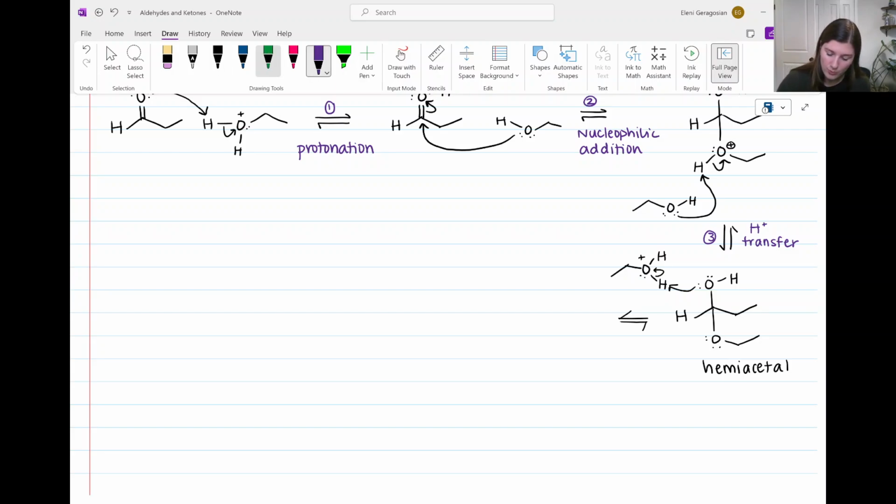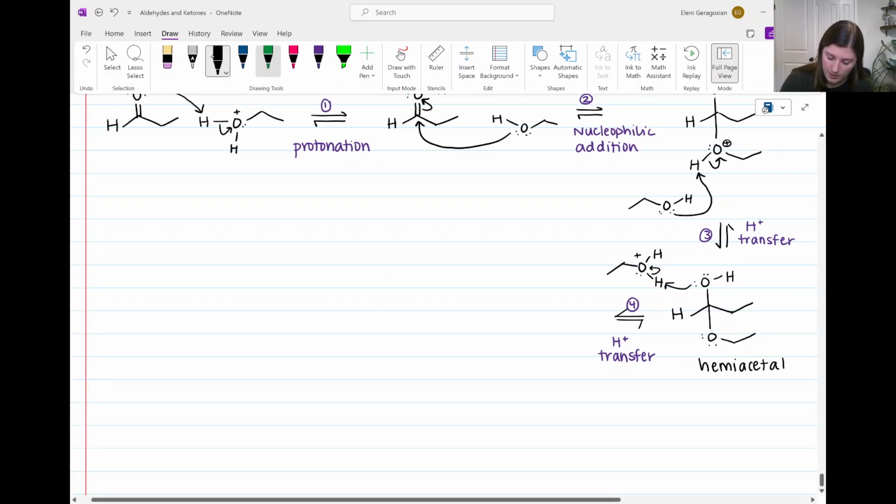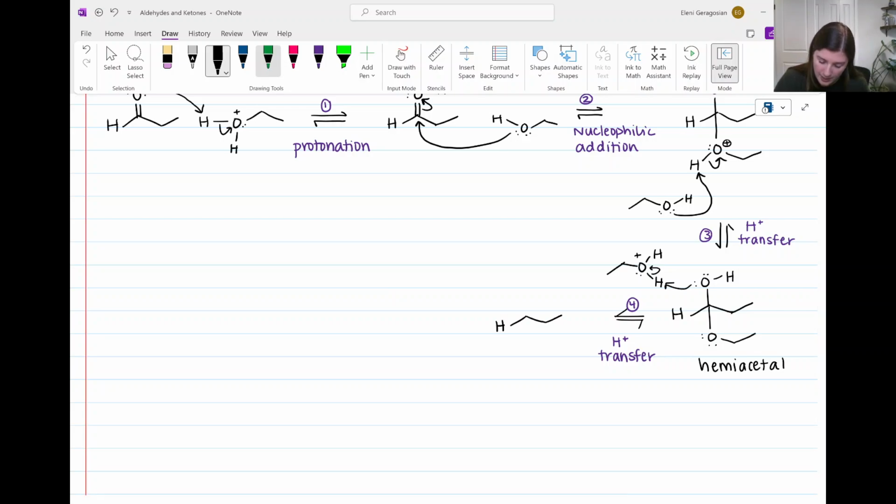So here's step 4, another proton transfer. The product of this step is that we now have an OH2 group bonded to what was our carbonyl carbon.